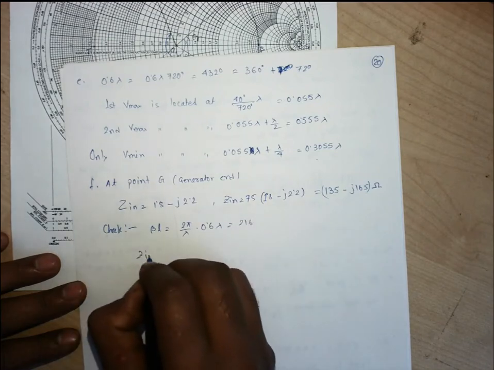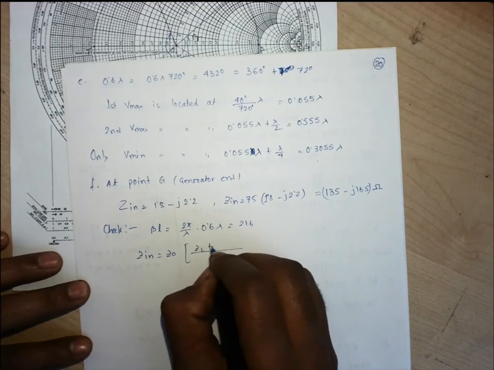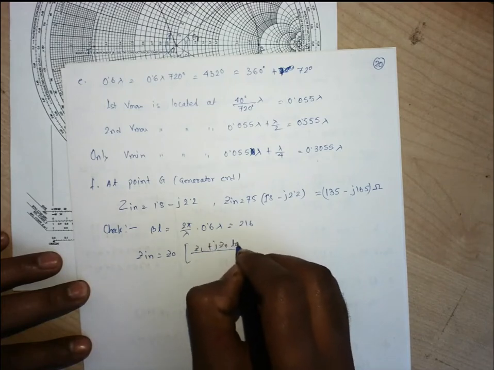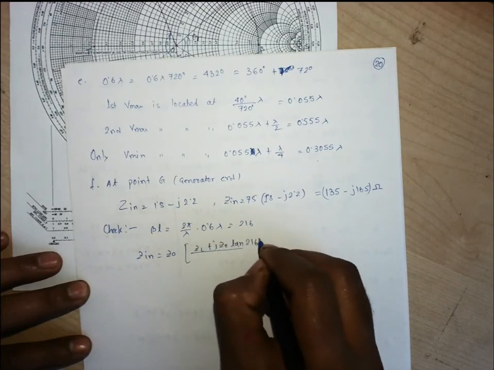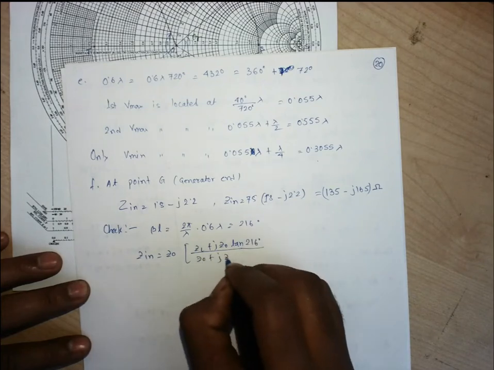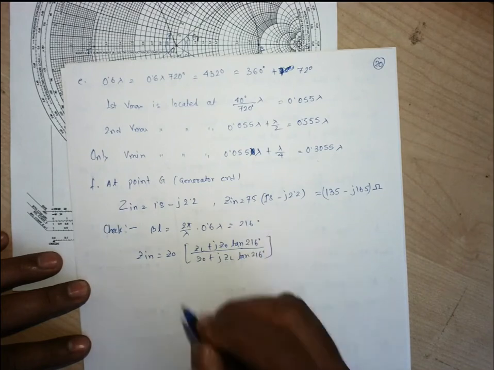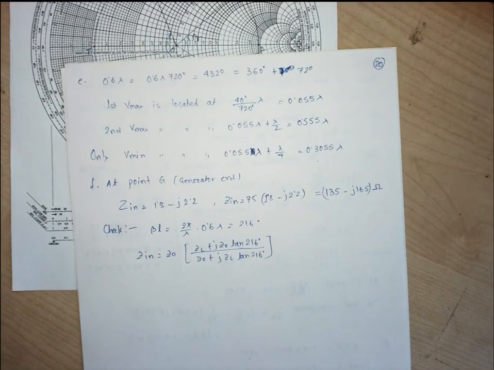So Zin, we can find out as Z naught times ZL plus j Z naught tan beta L, 216 degree, over Z naught plus j ZL tan 216 degree. We can also find out like this. Okay, procedure clear? Any doubt up to this? I'm just concluding for today.